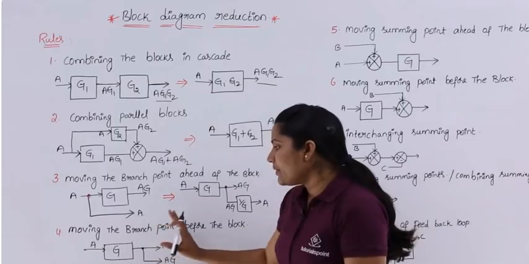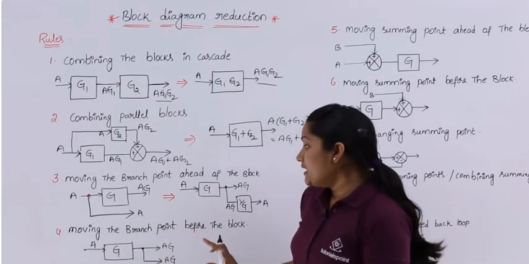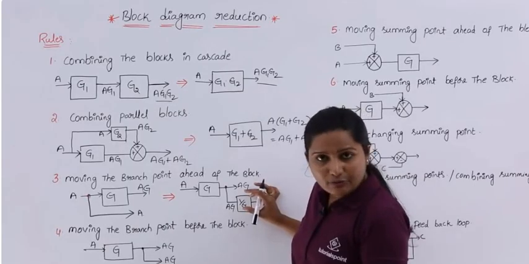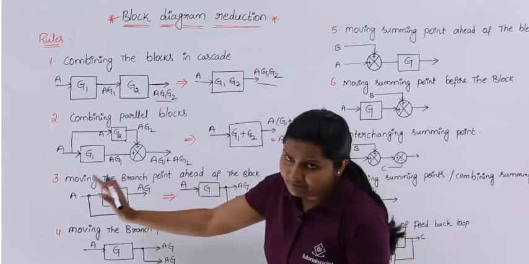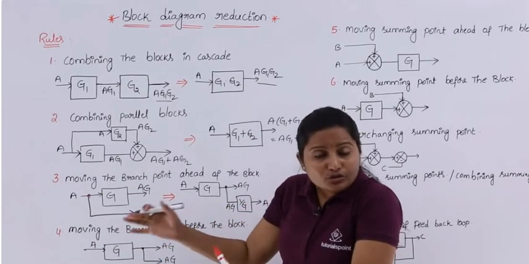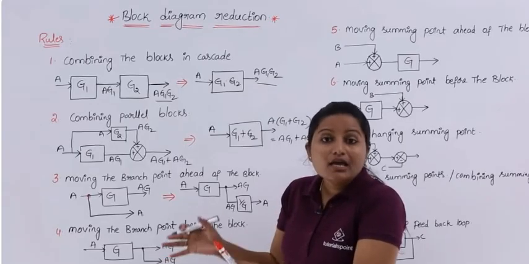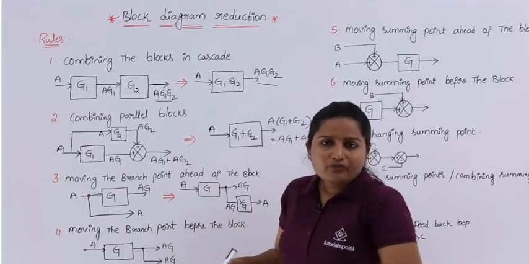Similarly, moving the branch point before the block. For example, if you are having your branch point like this and you need to do the reverse procedure, that means if you want to move your branching point before the block, how can we do it?